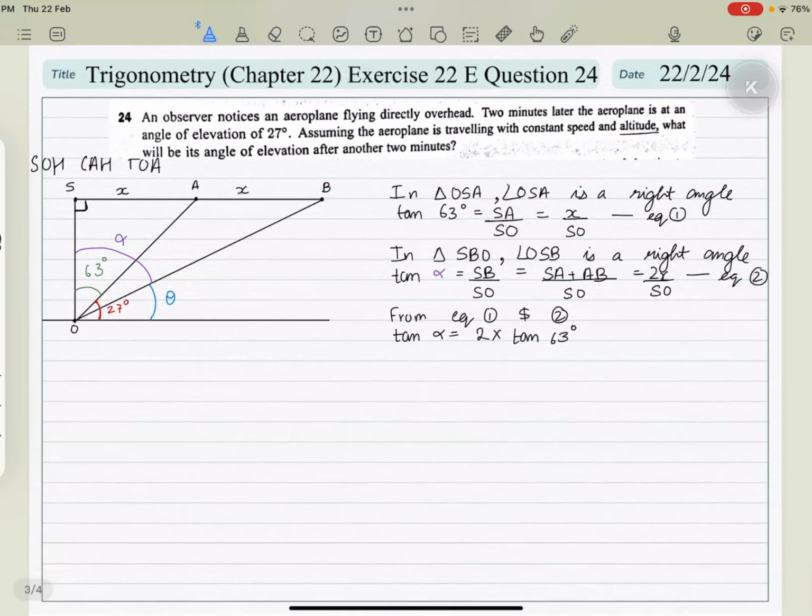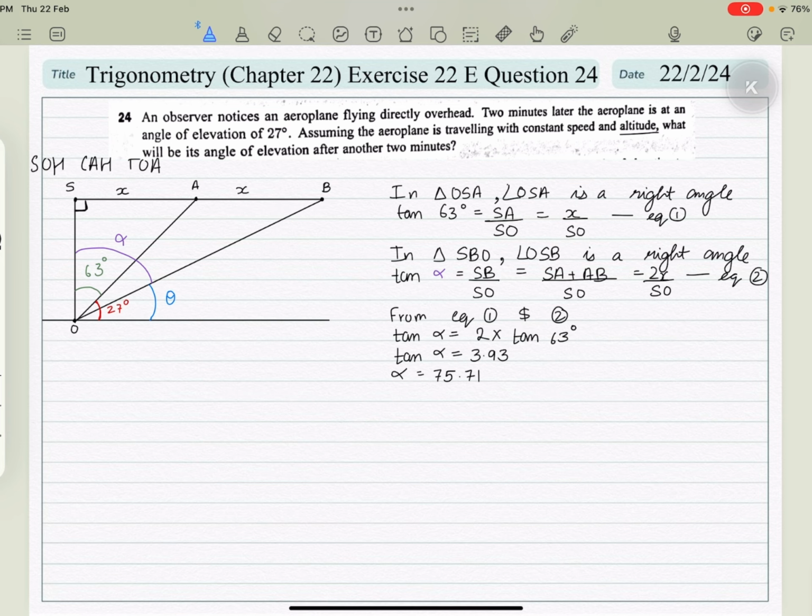Tan 63 is 1.96, and 1.96 into 2 gives us 3.93. When we calculate alpha from this, we get alpha as 75.71.